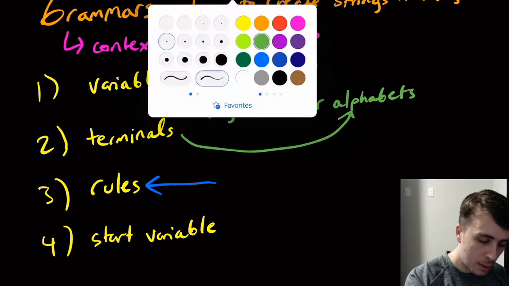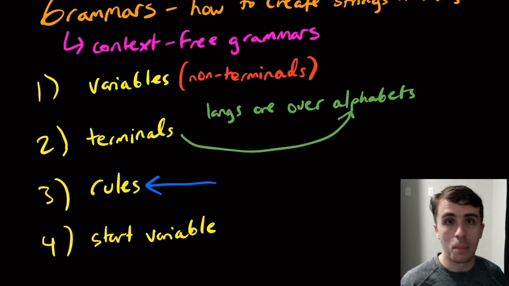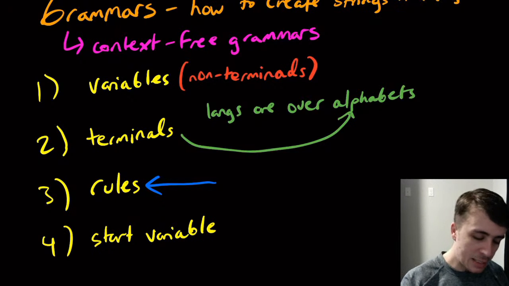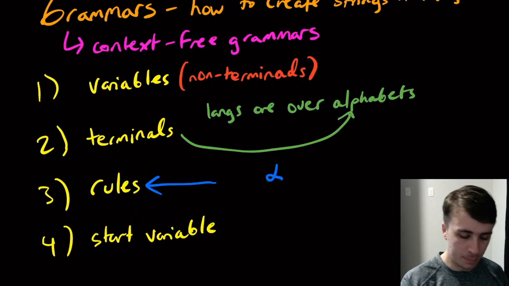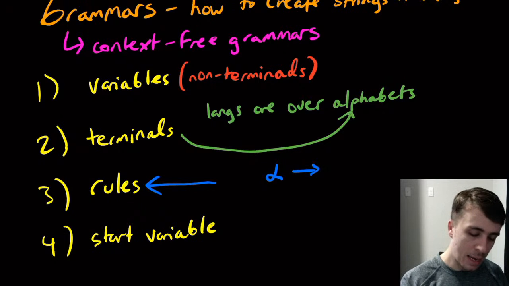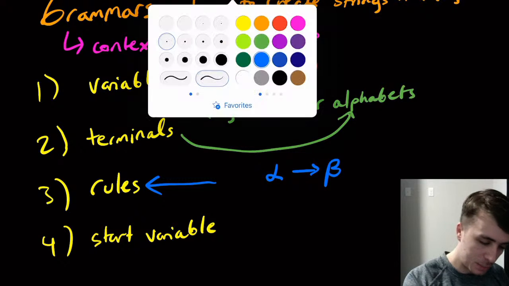All right, so as I said, the rules are where the important stuff happens. So the idea is that we have some string of some kind, maybe terminals, maybe variables, or something completely different. And we have something that looks like this.